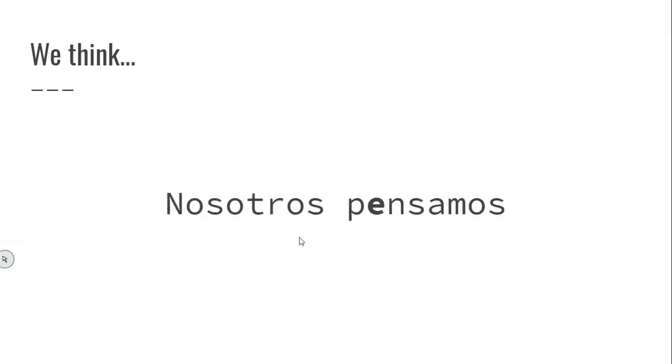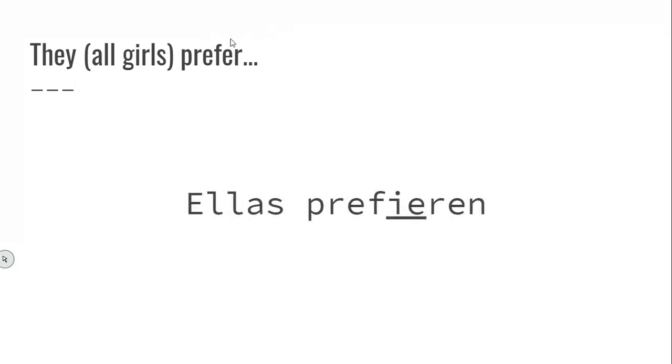So our nosotros form for the verb pensar will be nosotros pensamos, no stem change. They, as in all girls, prefer. So we know we're using the verb preferir, and we'll use the subject ellas. This is inside of that boot, so we make our stem change on the second E. Ellas prefieren.